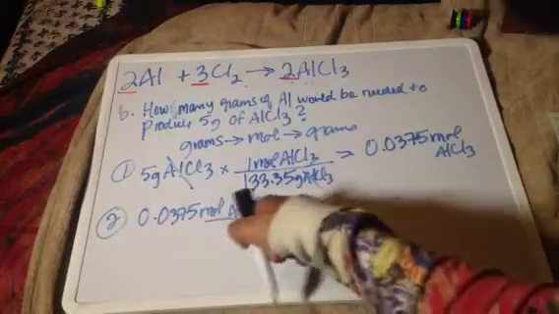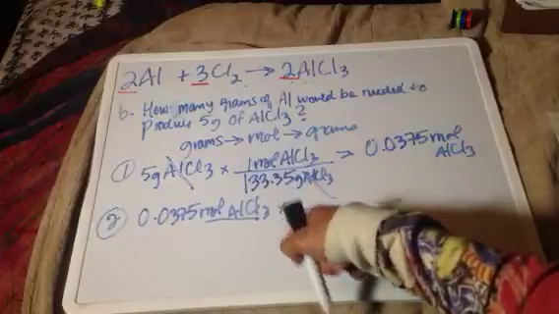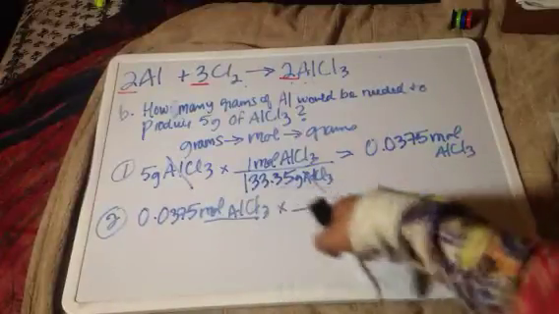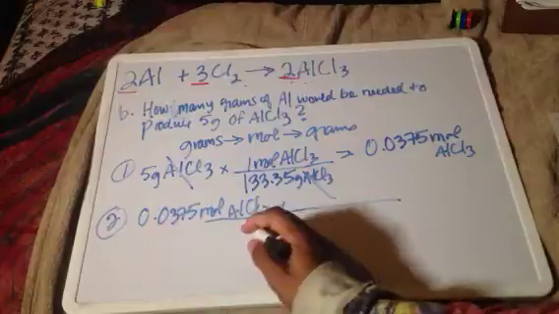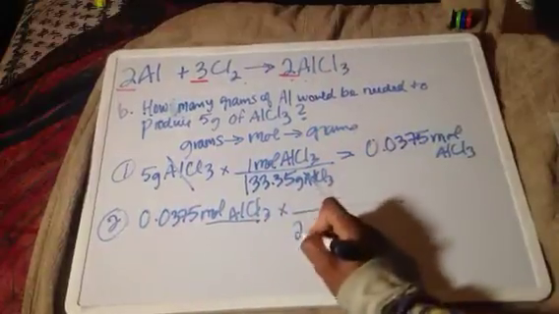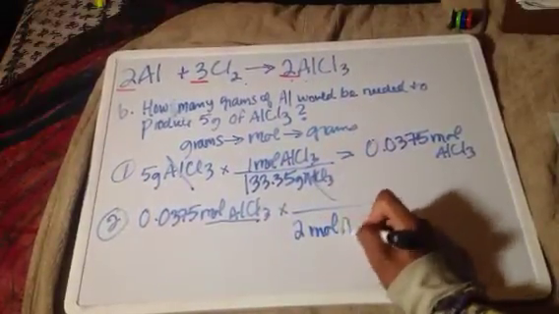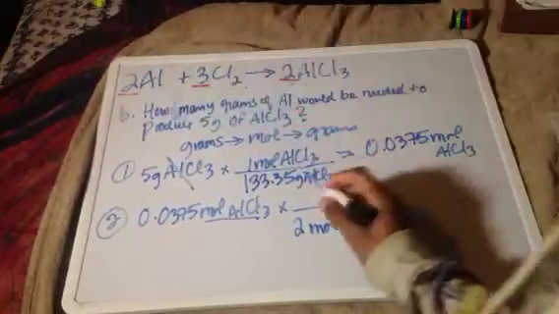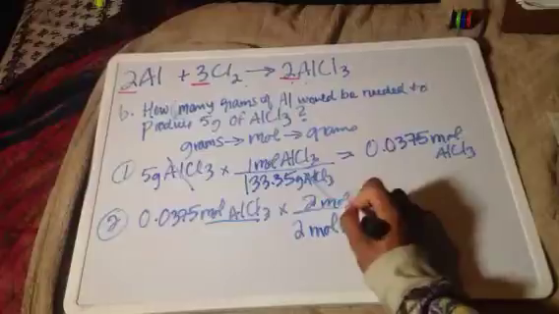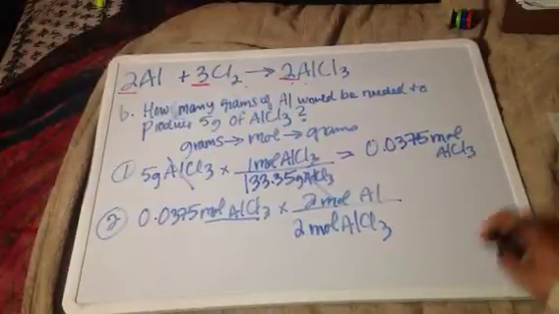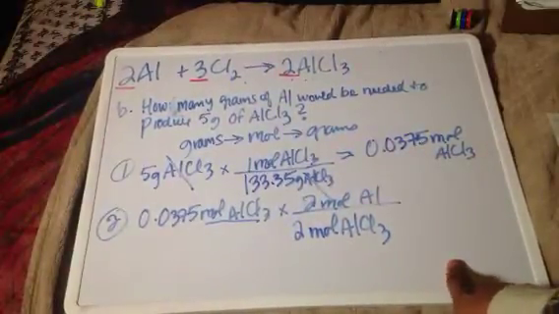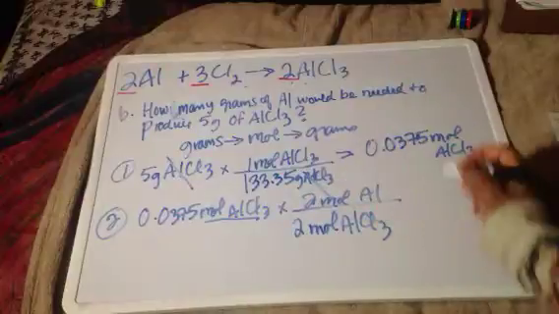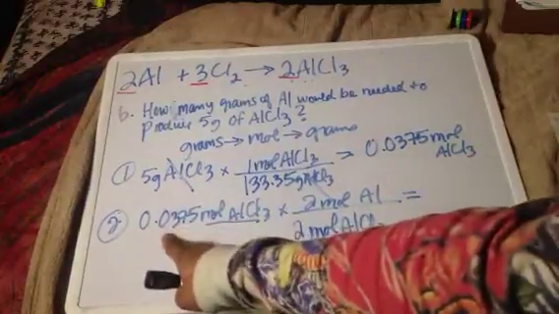Here we have moles of AlCl3, so in order to get that canceled out, we have to start down here with 2 moles AlCl3 to 2 moles of Al.